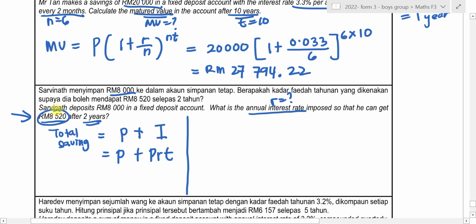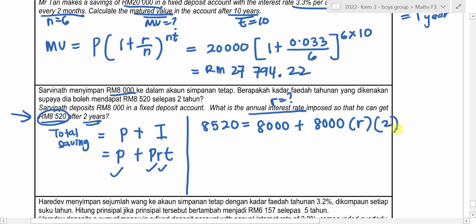Total saving 8520 is equal to principal 8,000 plus P, which is 8,000, then R, R is what I don't know, so I put bracket R, and then the time is 2 years. Okay, so we try to simplify this. 8520 equal to 8,000 plus 8,000 times 2 is 16,000 times R, is 16,000 R.